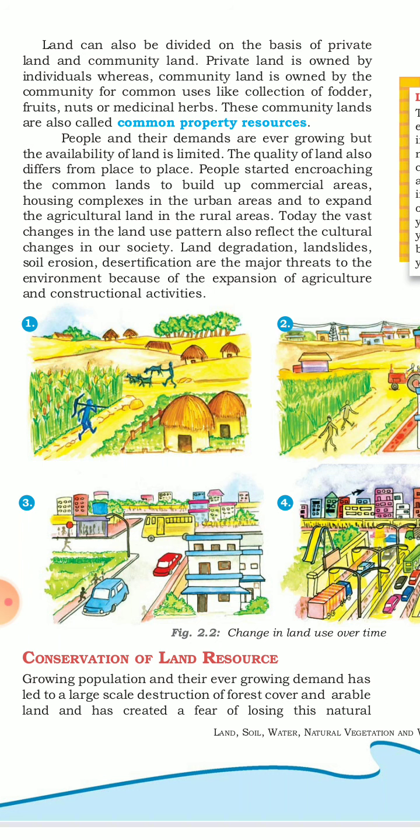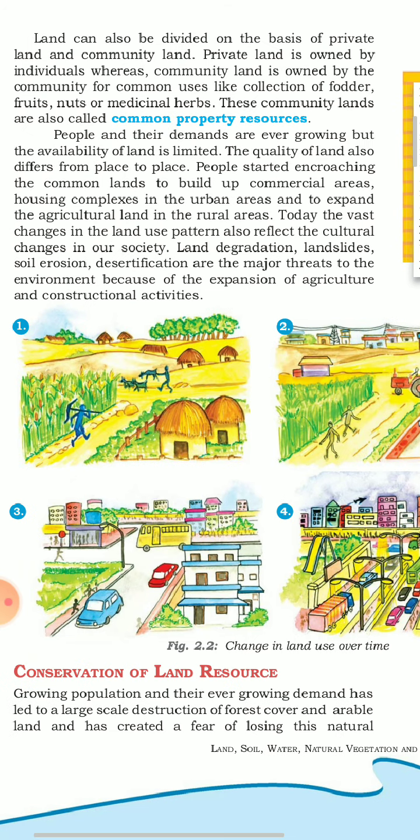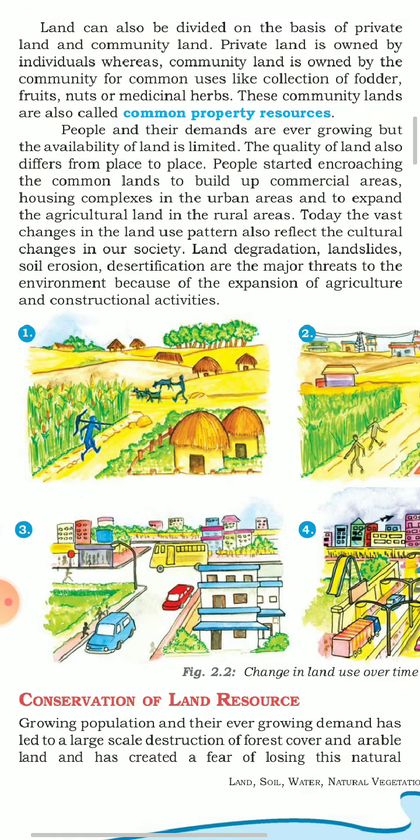Private land is owned by individuals, whereas community land is owned by the community for common uses like collection of fodder, fruits, nuts or medicinal herbs, and is also called common property resources.